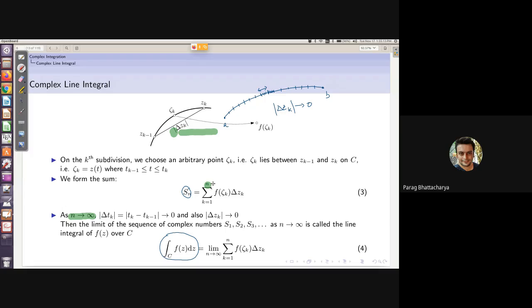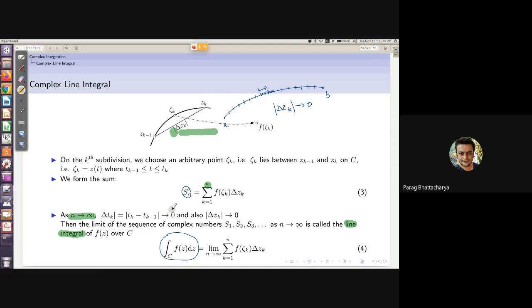But if you make n infinity, then in that limit this sum takes a value, known as the line integral of this function over the curve C. So line integral is basically the limit of a finite sum, as expected, because integration is the limit of a sum. In the infinite case, the summation becomes an integration. So this is the definition of a complex line integral.